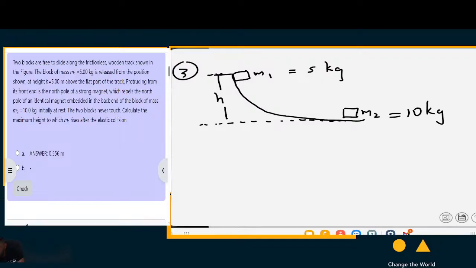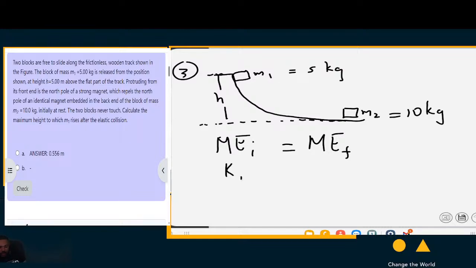Since this is a frictionless surface, no energy is lost, so it's an elastic collision, meaning the mechanical energy at the beginning is equal to the mechanical energy at the end. Okay, that's simple enough. It's elastic. That's why they say frictionless surface.